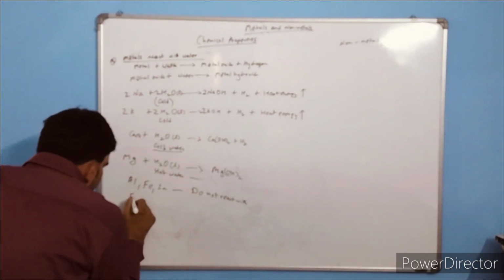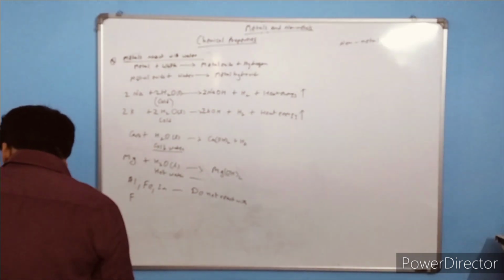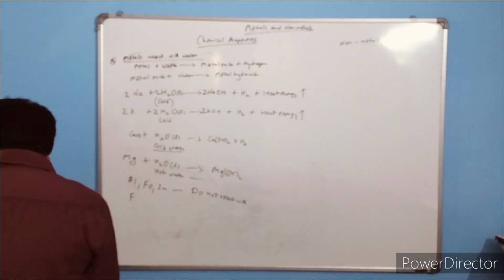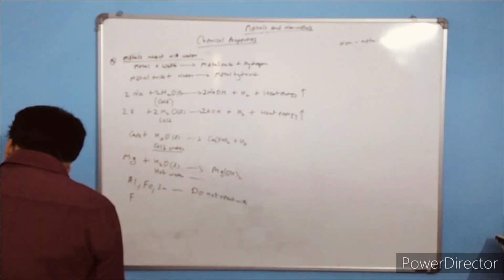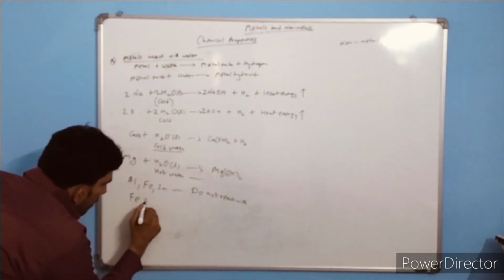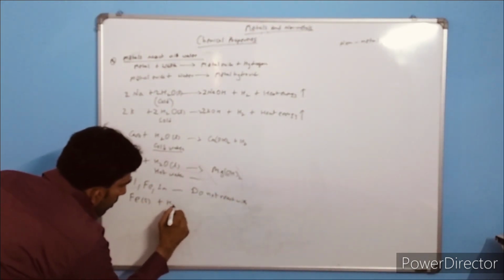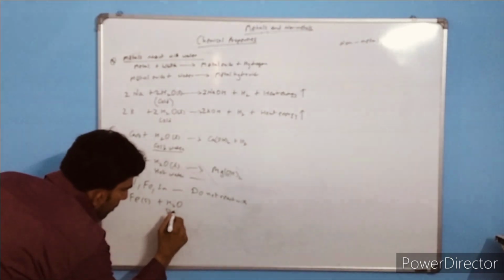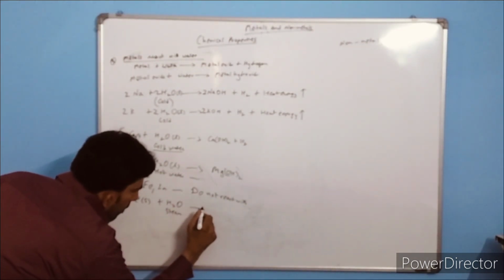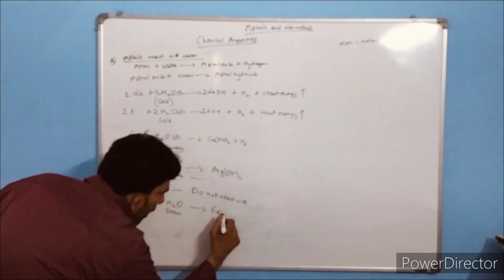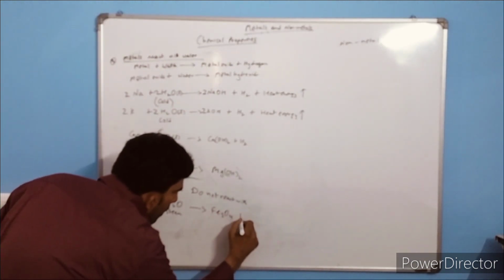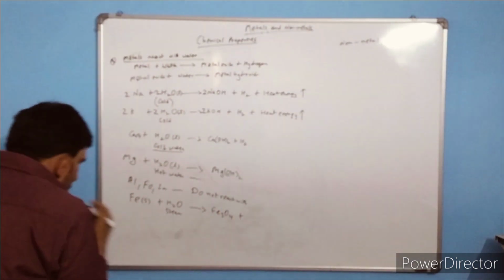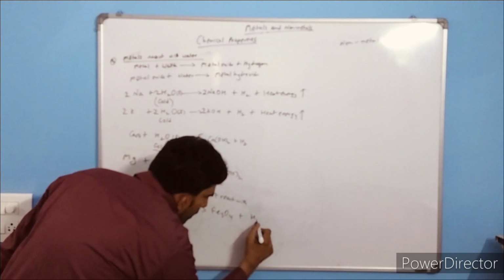If I take iron as an example, it reacts with steam. What will happen? Fe3O4 will form, plus side by side hydrogen.